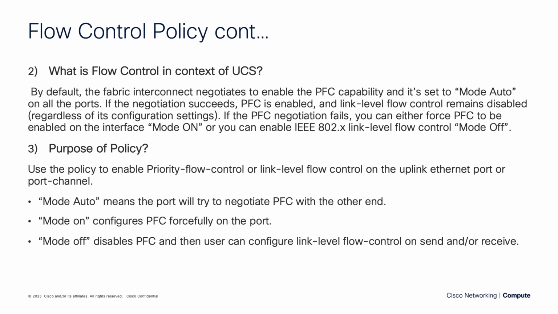If that negotiation in auto mode fails, you can set the policy to on to try to force it, okay? And of course, if you're desiring for entire link level flow control, you can take priority out of the picture and just set the policy to mode off. So here's the settings. They're well explained, and let's move on to the next slide.